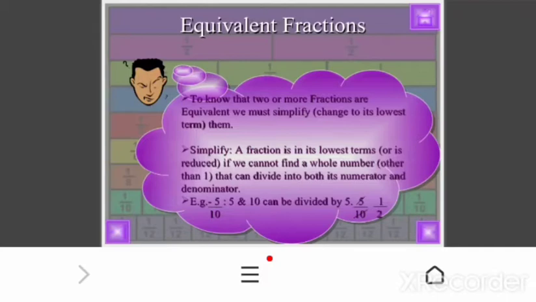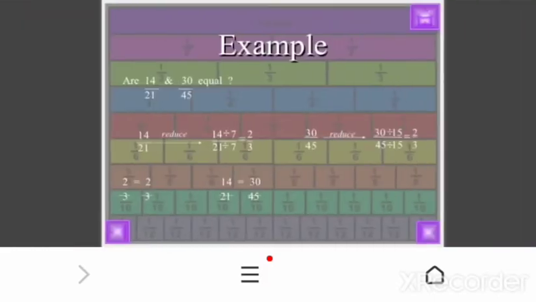So children, to convert into equivalent fractions, always understand there are 2 methods: either by multiplying the numerator and the denominator by the same number, or by dividing the numerator and the denominator of the given fraction by the same number. Like for example, are 14 upon 21 and 30 upon 45 equal?